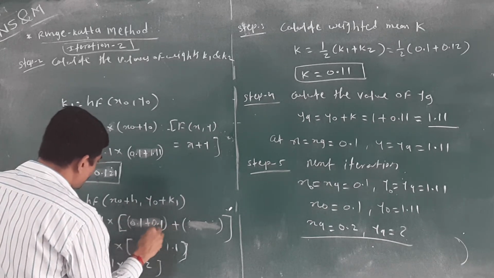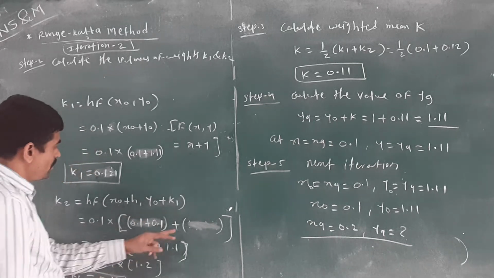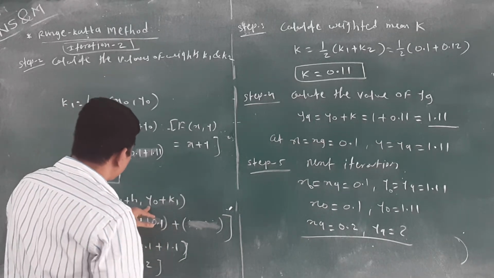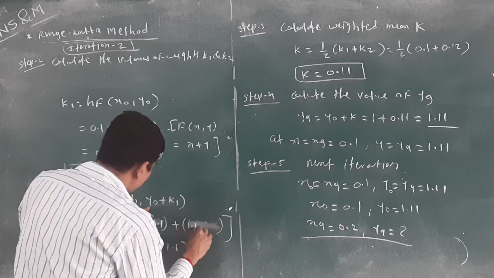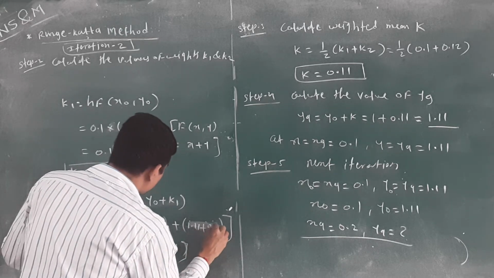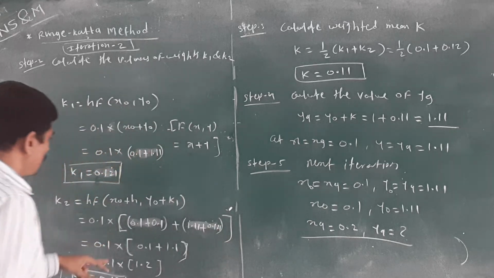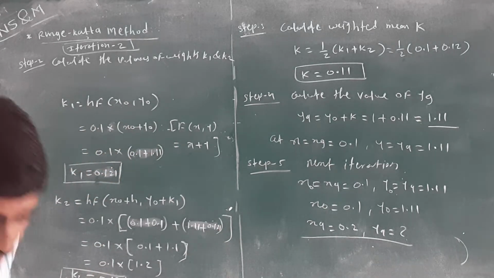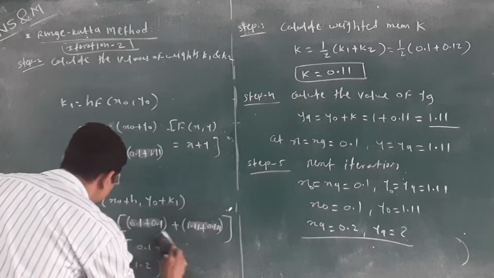Again 0.1. What is the value of y0? 1.11, plus what is the value of k1? 0.121. If you have calculated this value, check that.